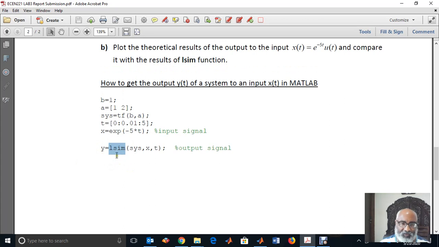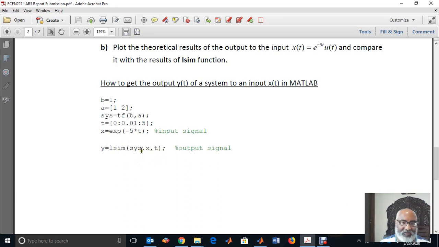When you call this function, MATLAB knows it because this function is already built in. So you give the system to that function. From above, we already defined the system. And you give the input x, and you give the time vector. So 3 things for this function: the system, the input, and the time vector.